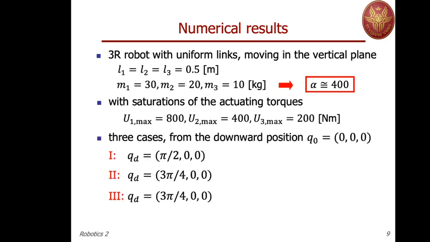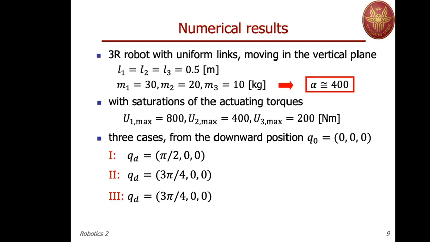And we have considered 3 case studies. We start in every case from the initial downward equilibrium position, so 0, 0, 0, the 3 links straight downwards. So this is, I would say, a stable or asymptotically stable equilibrium, unforced.